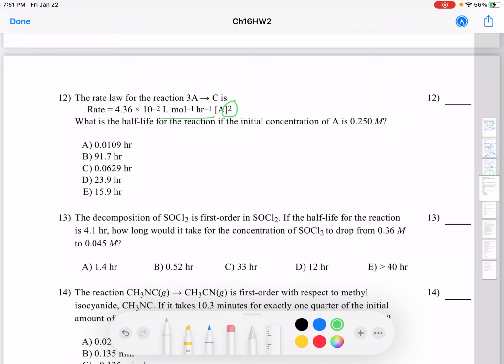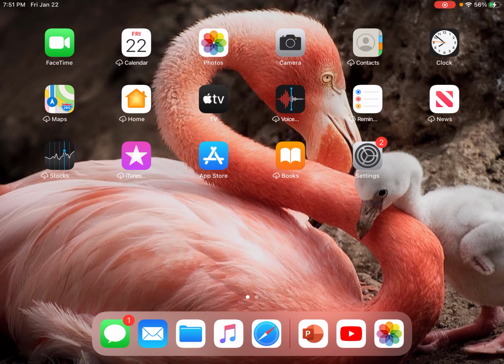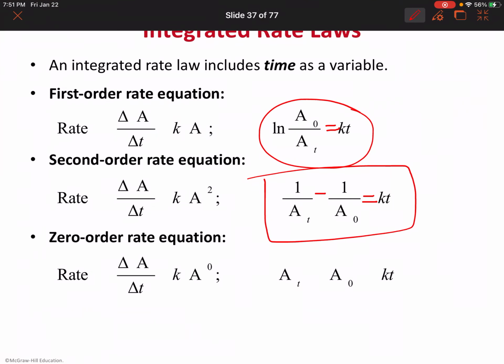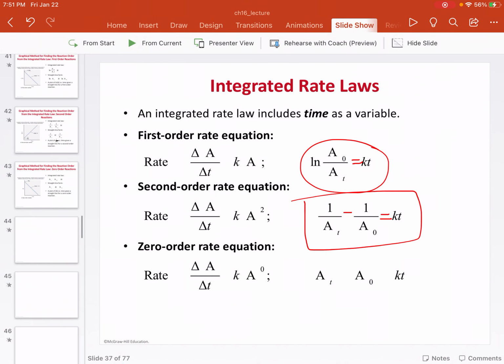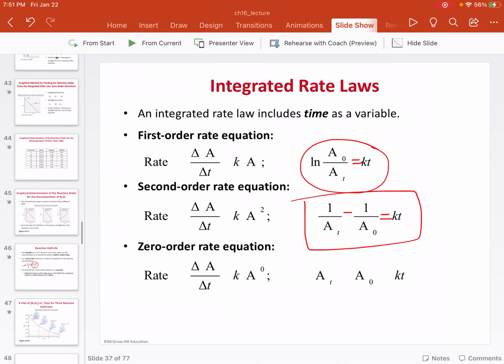What is the half-life of the reaction if the initial concentration of A is 0.250? Now you need to refer to our PowerPoint slides to find out the half-life for a second order reaction.